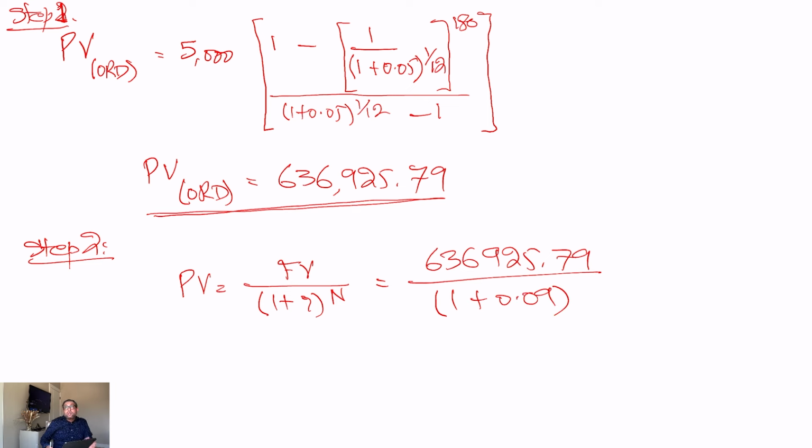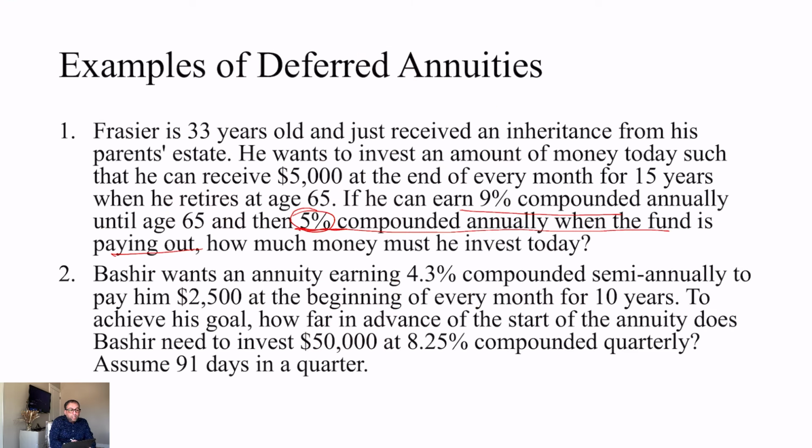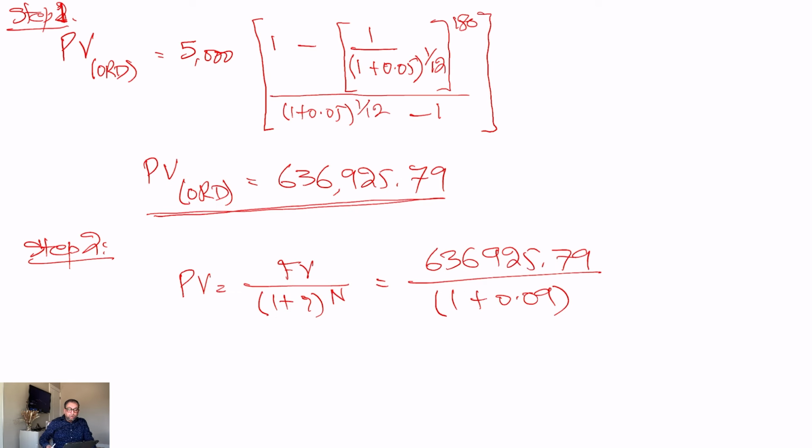Now n is CY times years. Now how many years are there? It's a good question. He is right now 33 and he wants the payments to start at the age of 65. So how many years are there? 32 years. So we can write it here as 32.